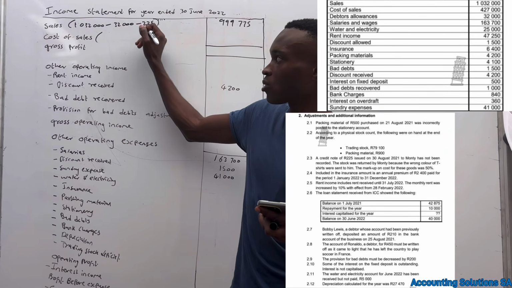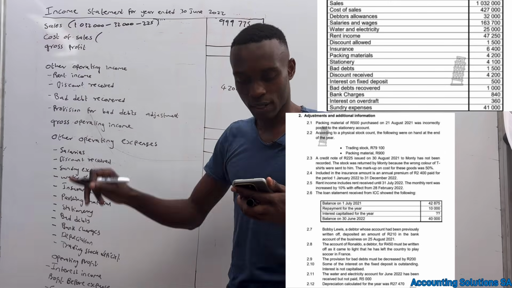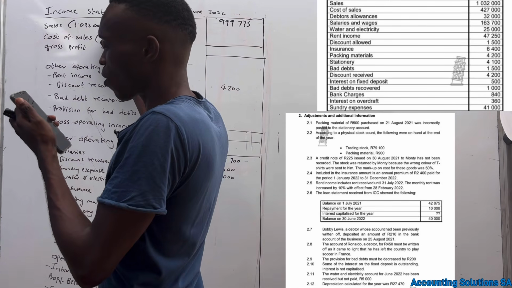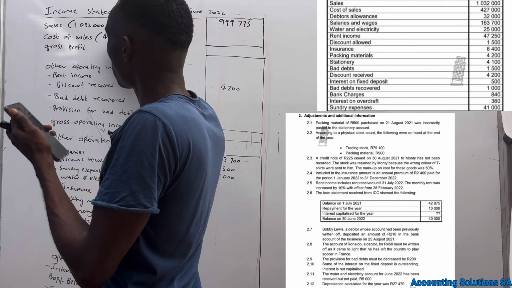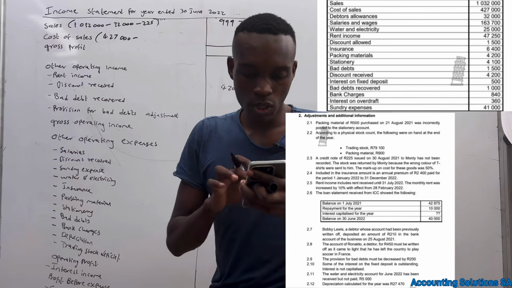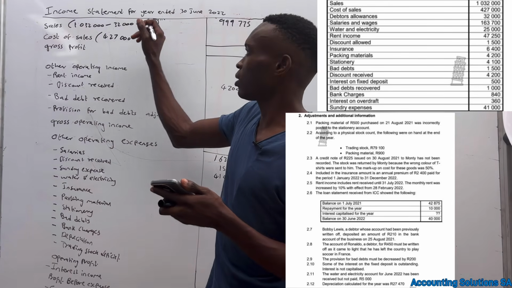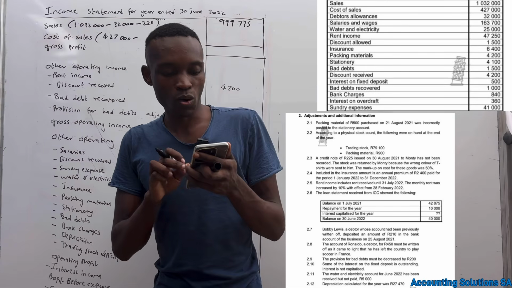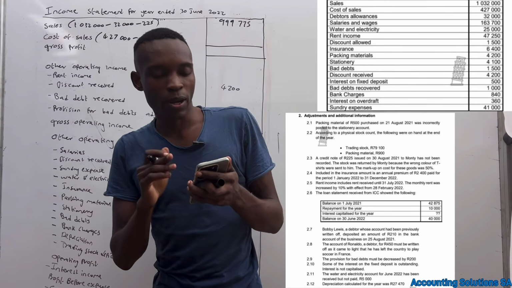This transaction is going to affect the cost of sales as well. The first cost of sales that we have is from our balance, which is 427,000. Now the question is, how much are we going to subtract? This one? No, this one is on selling price and we need to convert it to cost price.